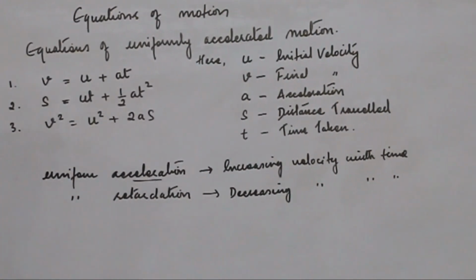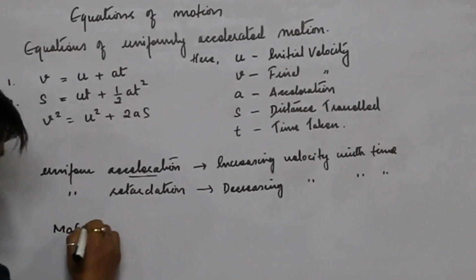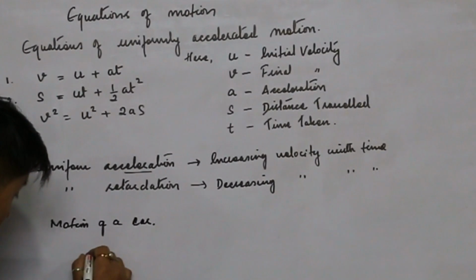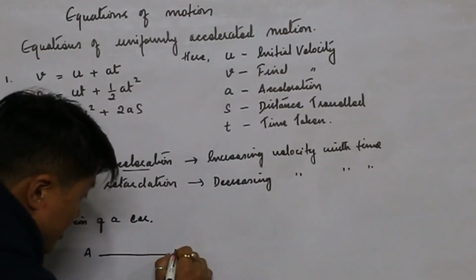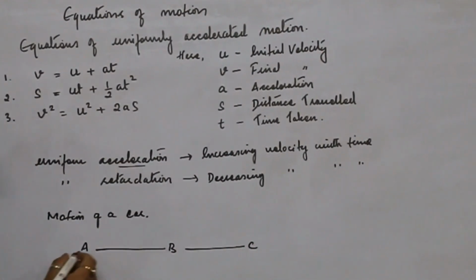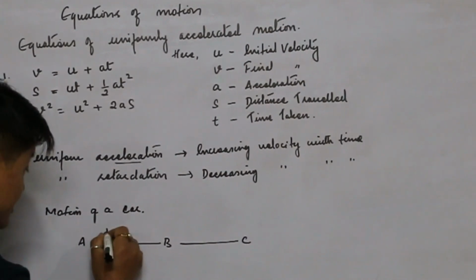Okay, let's take one example. The motion of a car. So a car is moving from A to B and from B to C. When the car is moving from A to B, the car is moving with increasing velocity.